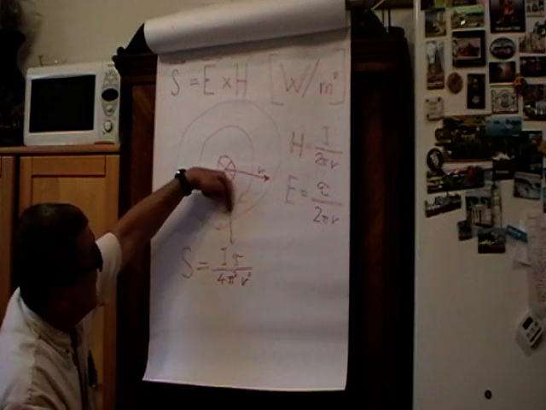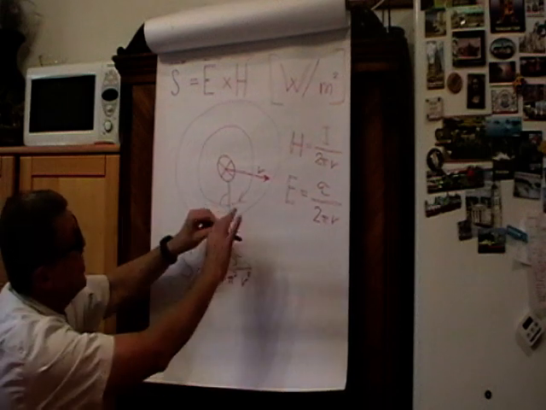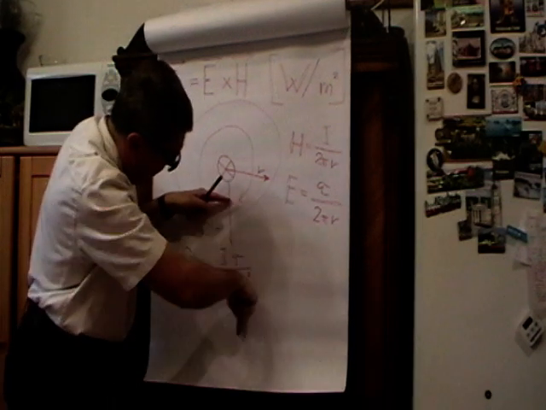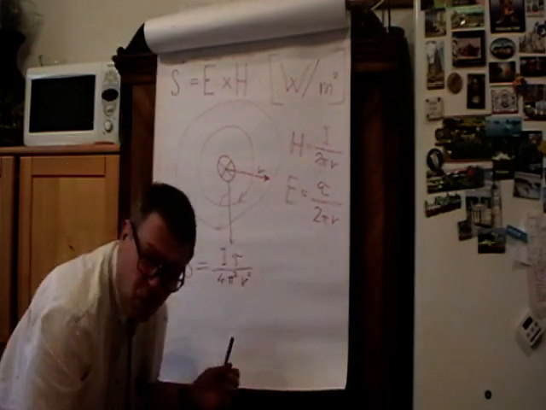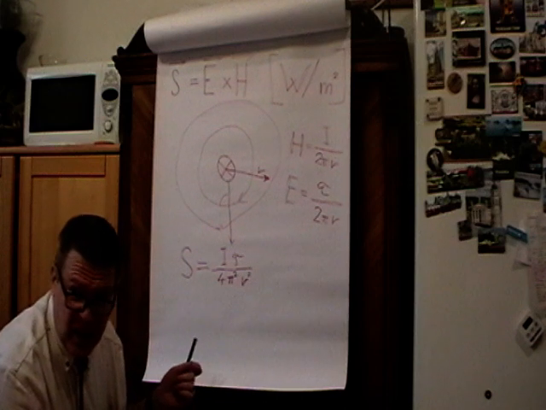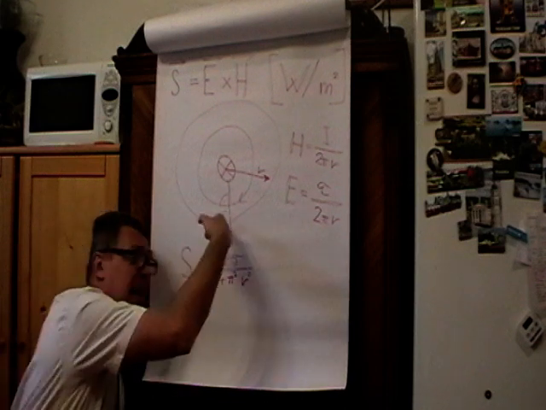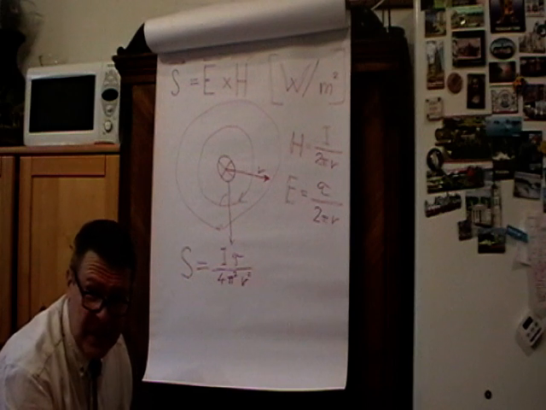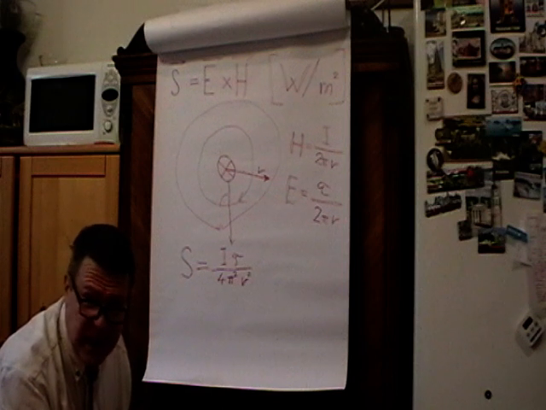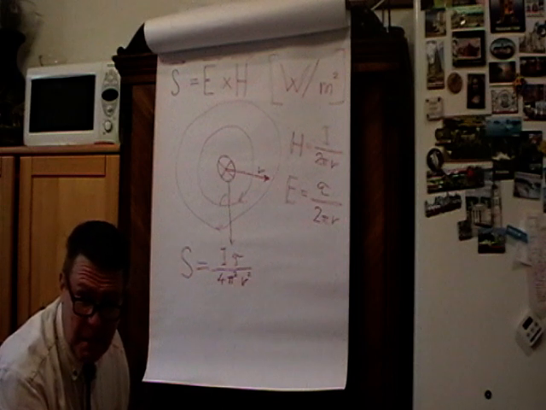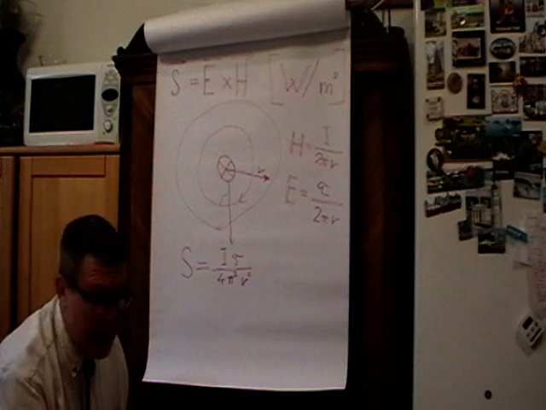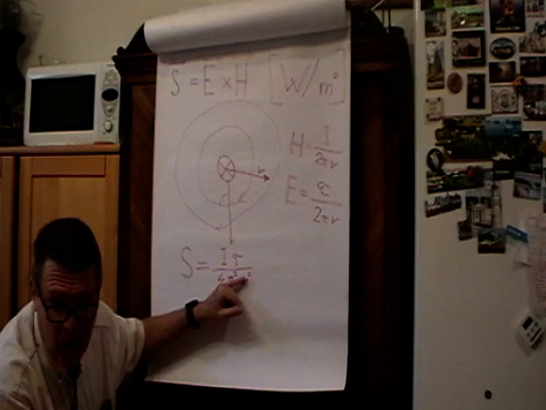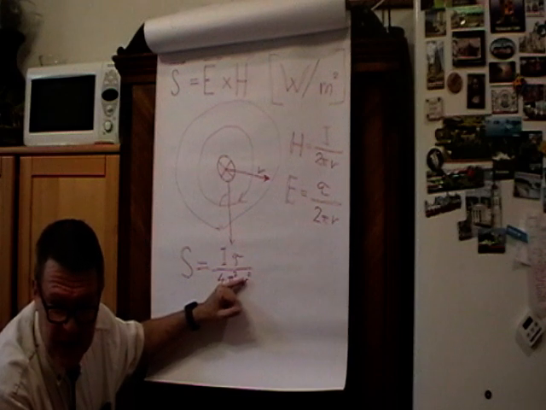If we have the E in this direction, H in this direction, so at this point we have two perpendicular vectors, this and this, we can find out that the energy goes inside to the board and therefore it propagates along that conductor. And we find out that the energy density falls down with a square of the distance.